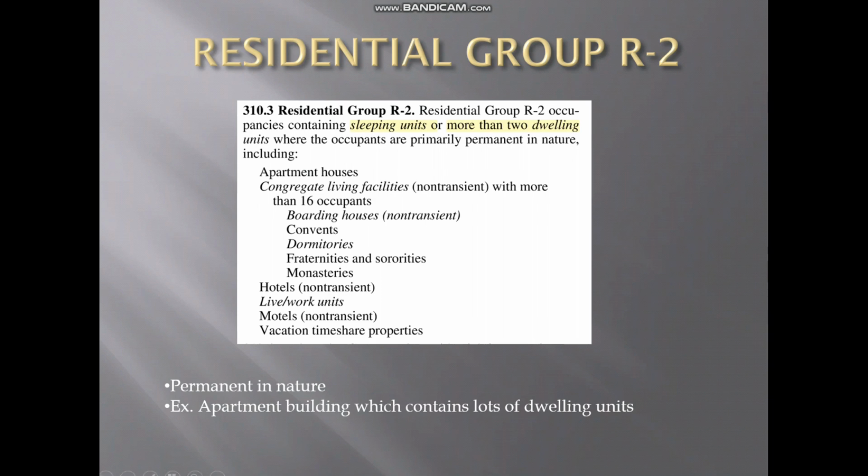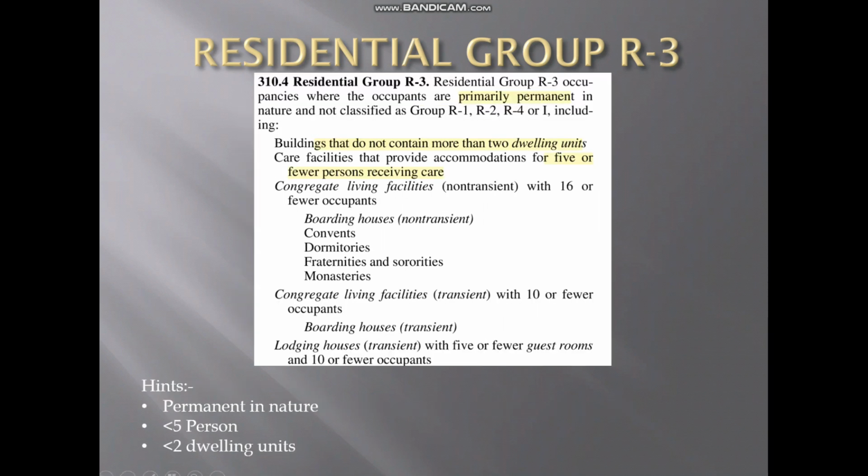That is R2. In R3, again it's permanent, not transient, and the building doesn't contain more than 2 dwelling units. It's like a small villa or small house, and the number of people is 5 or fewer.